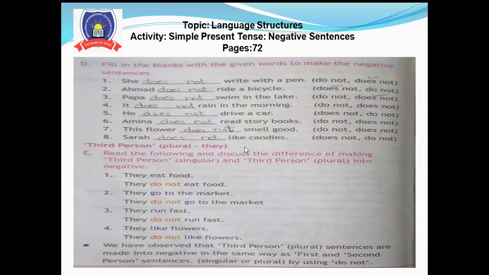Do not or does not? Does not. Ahmed dash ride a bicycle. Does not or do not? Does not. Papa dash swim in the lake. Do not or does not? Does not.